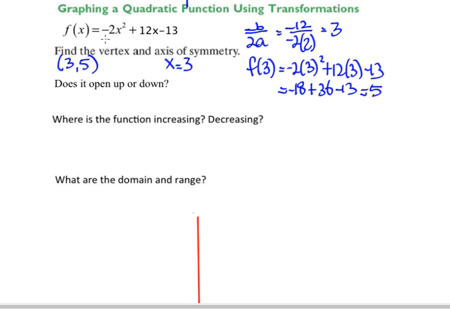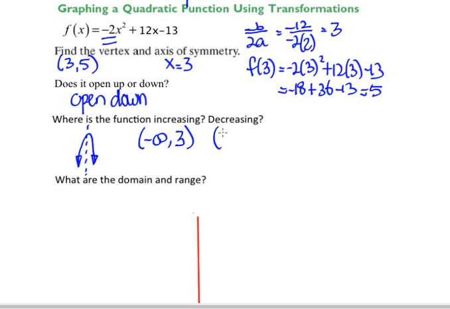Does it open up or down? Well, that's a negative, so it's going to open down. So if you're not sure where the function is increasing and decreasing, then just sketch it a little bit so it looks a little like this. So initially it's increasing, starting at negative infinity up to the x coordinate of your vertex, because increasing and decreasing only deals with x's, so it's increasing from here to here.